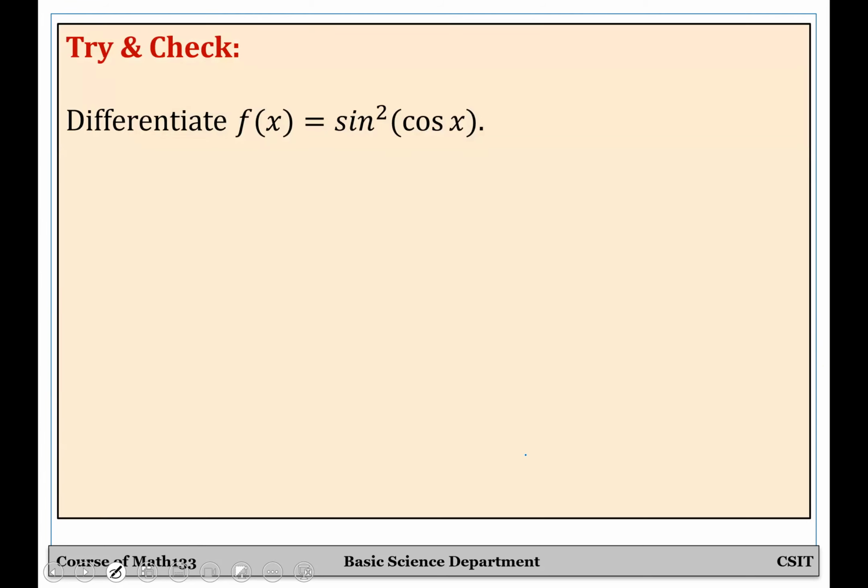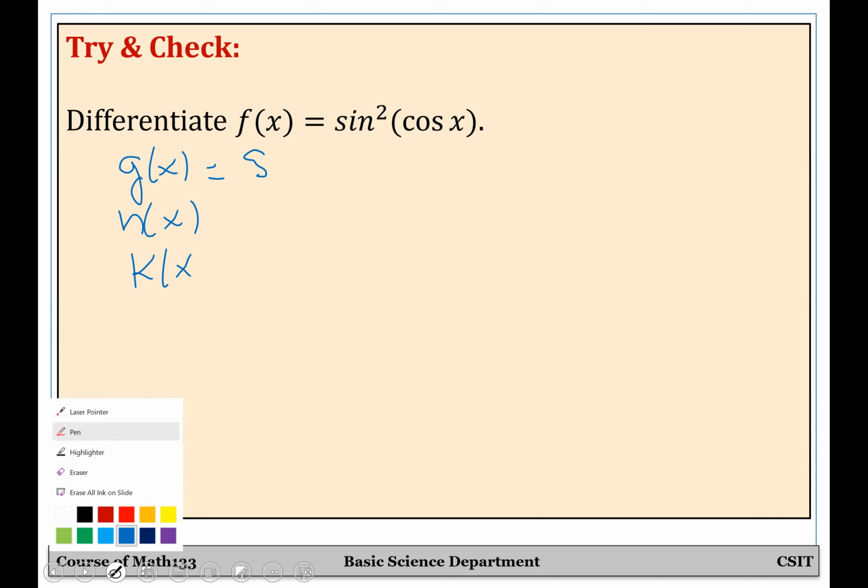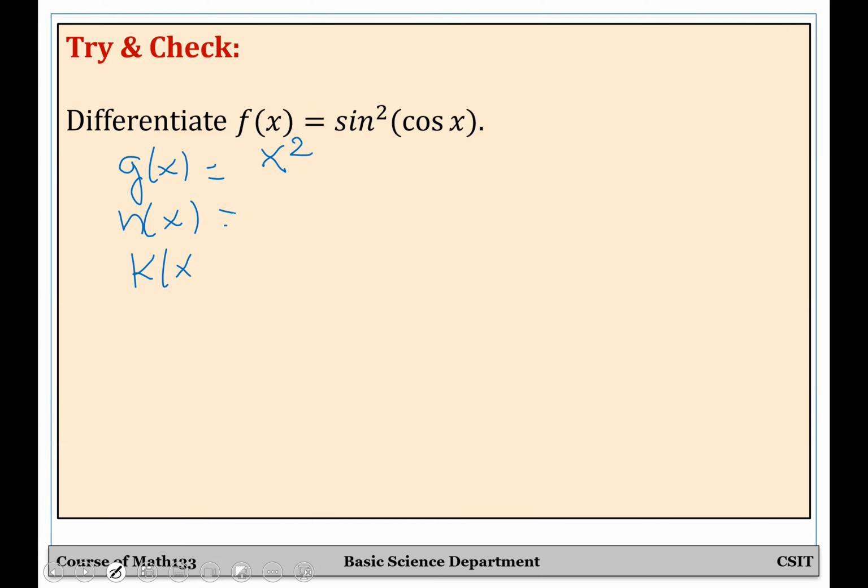Okay. So here, try and check. I will choose J, H, and K. J is the square, so x squared. H is sine x. And K is cosine x. In the way that when you do the composition, you will find exactly the f function.